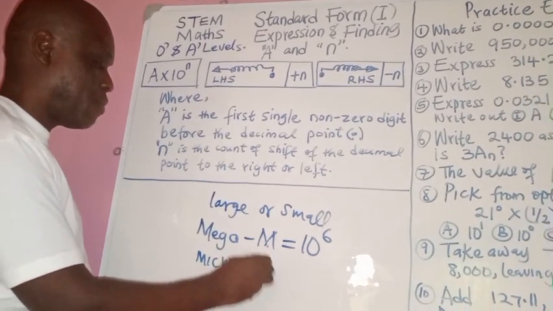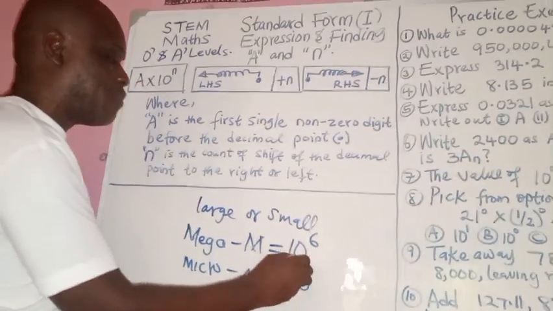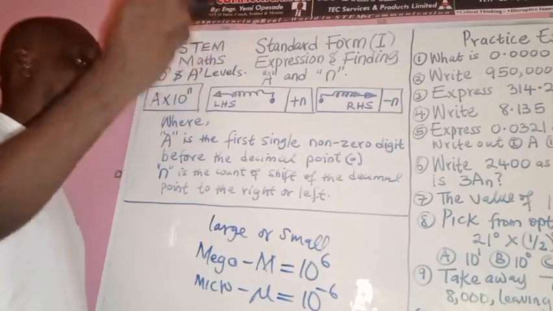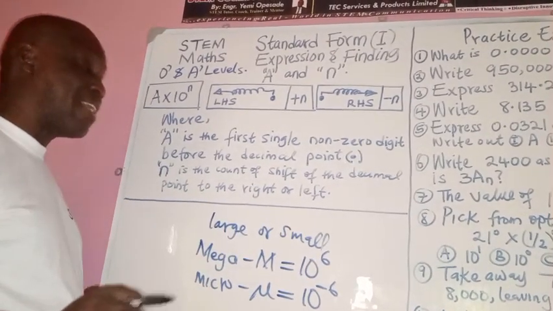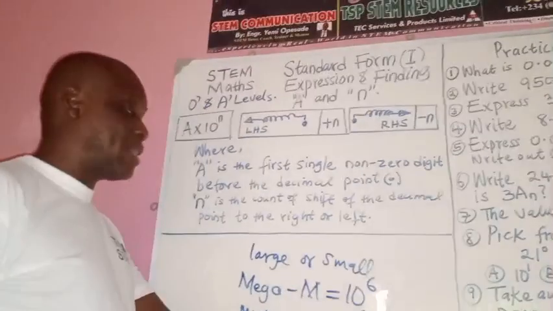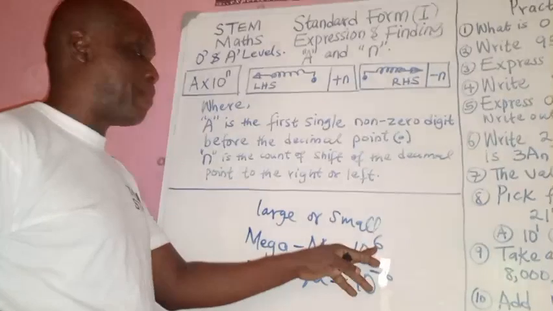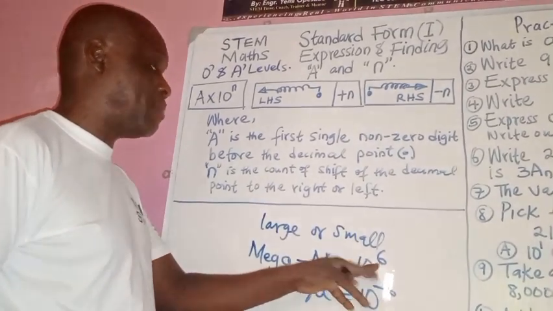Those are numbers that are to the power of negative 6, numbers like 0.000000 before you begin to have the digits. The ones that are negative are extremely small. The ones where the exponent is positive are extremely large.